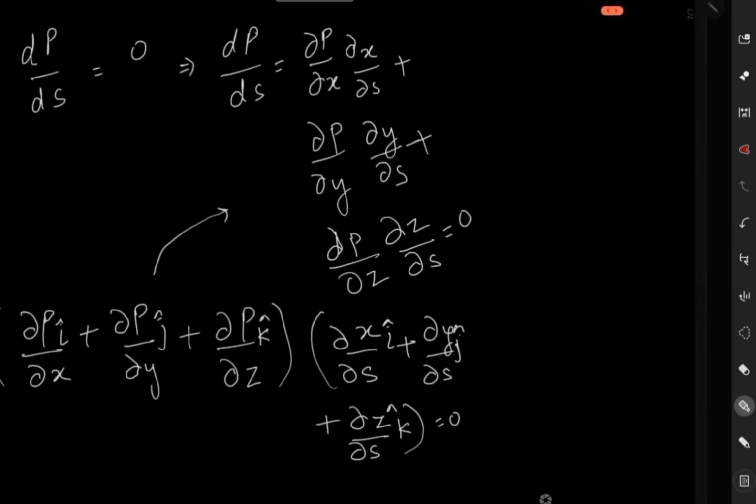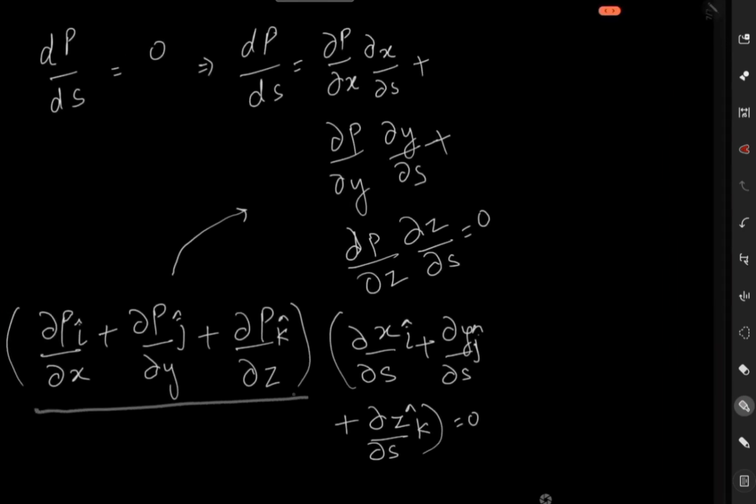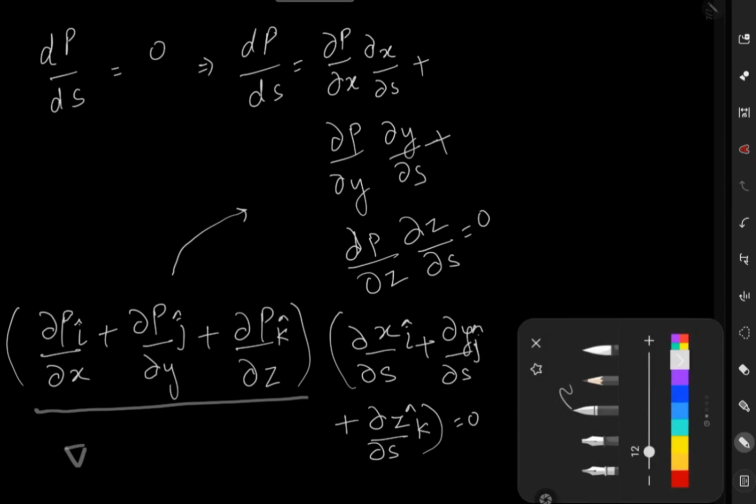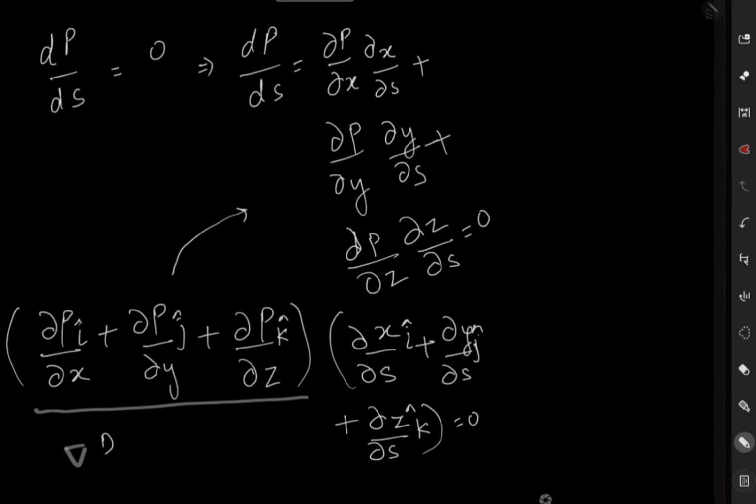So what is this term? This is del p. And we have to dot multiply, because this is our dot product. We cannot do a cross product, because then we will not get the above equation.